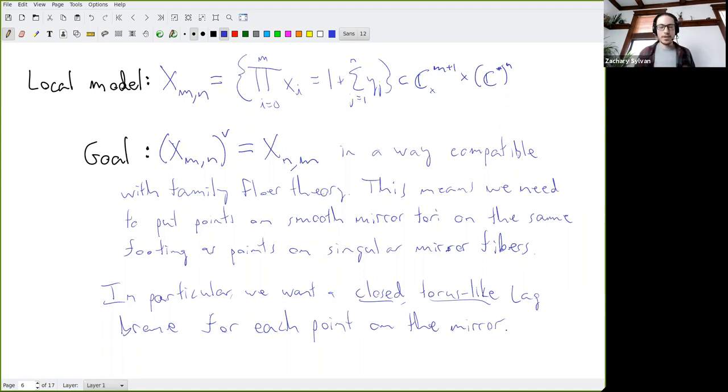Right? In the smooth case, we had our Lagrangian torus fibers, and any of these local systems that we equipped it with gave us a torus-like object. Changing the local system, even if it's a non-unitary local system, doesn't change the self-Floer homology of these tori. So in the smooth case, we had all of the mirror points that we could want. So our goal is to do the same kind of thing in the singular case.